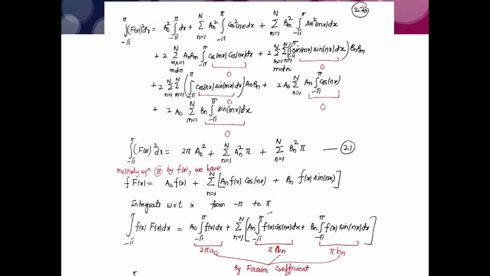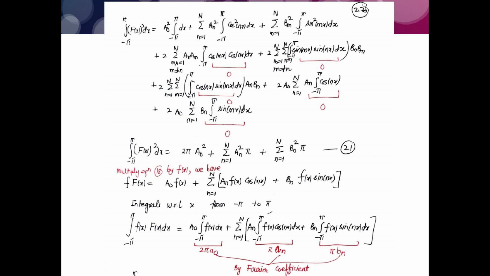Now integrate capital F of x whole square from minus pi to pi. I have marked various expressions. Their value is 0 because they are orthogonal. And we have just 3 expressions which are non-zero: 2 pi times capital A naught square plus summation over n 1 to capital N of capital An whole square times pi plus similar expression for bm.